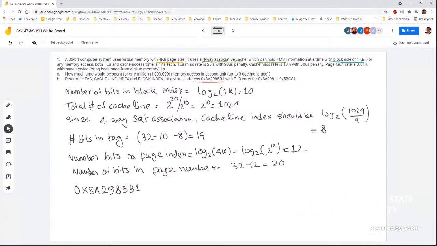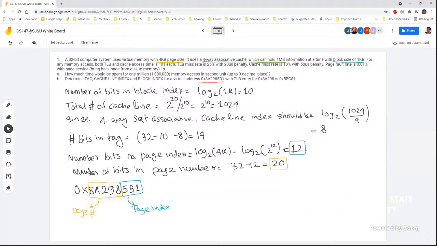Our number of bits in the page number is 20, which means 5 hex digits towards the MSB side, so 1, 2, 3, 4, 5, this part is your page number. The other part is 12 bits, which is 3 hex digits, 4 bits each, so this part is your page index.